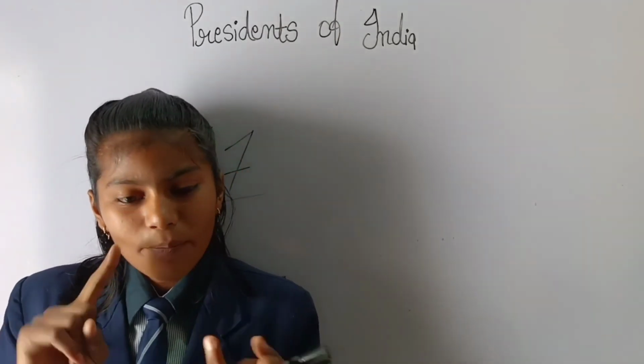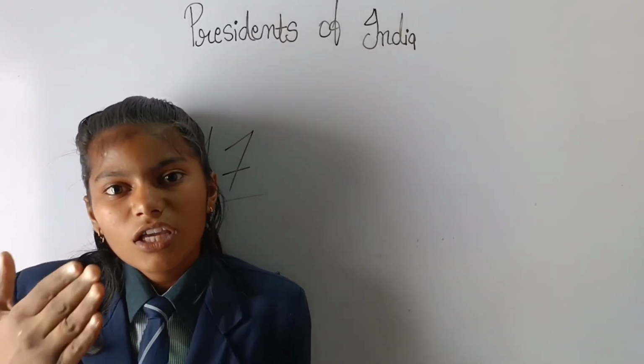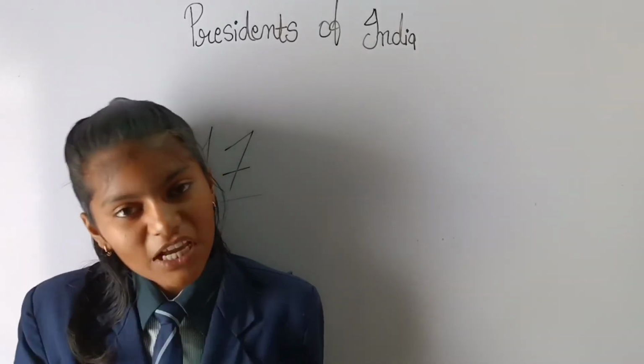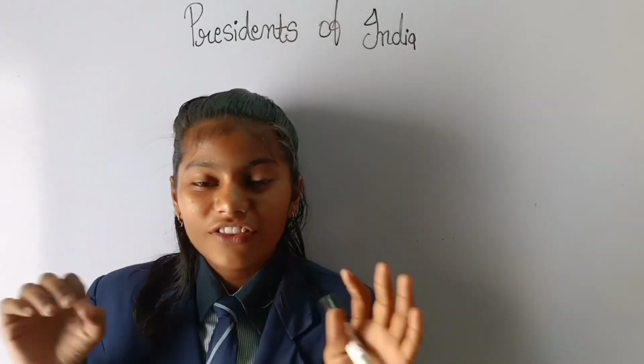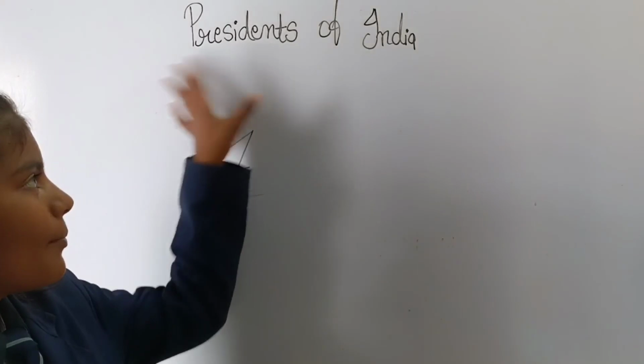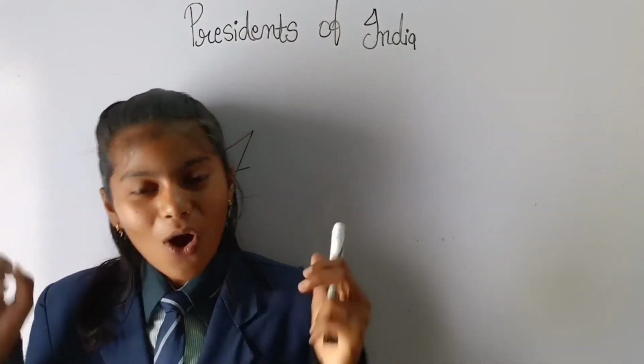And also, one president, before being president, was the Speaker of Lok Sabha. That was Neelam Sanjeeva Reddy. Now these are the important concepts about the presidents of India, and I hope you enjoyed it.